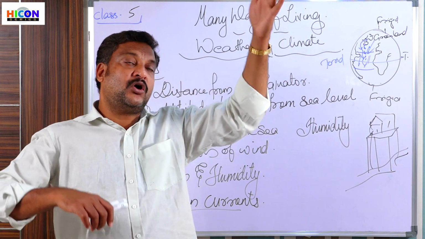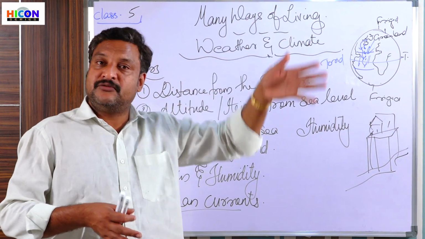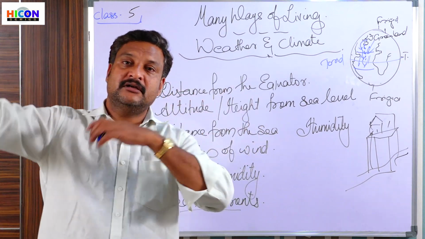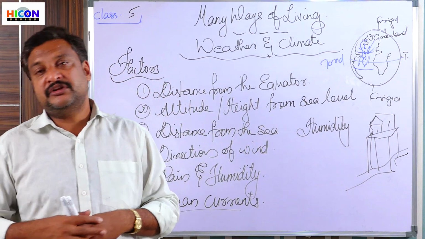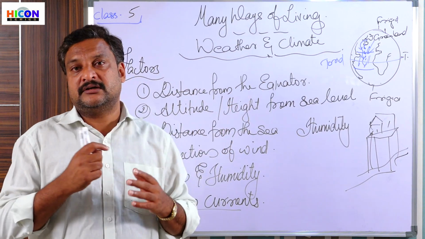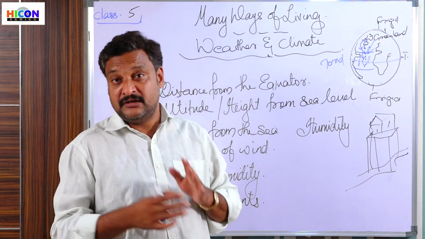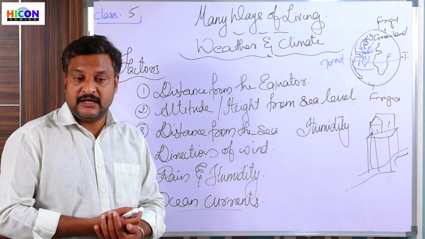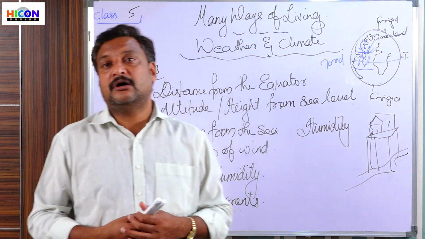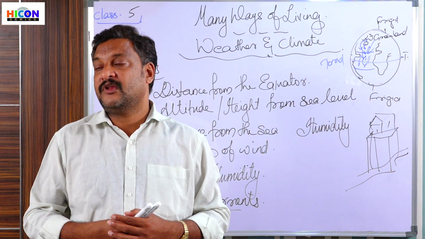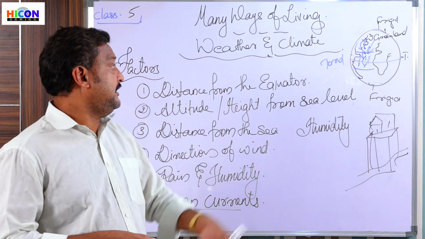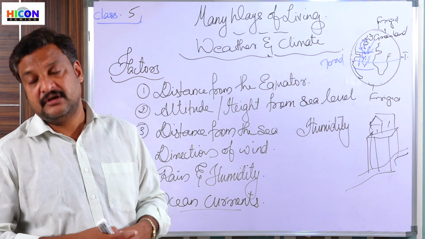So from cooler to hotter regions, there is a continuous flow of water, and from hotter to cooler regions there is a reverse flow. This flow of water within the ocean based on the difference in temperature is called ocean currents, and this also is a factor in deciding the climatic and weather conditions of a region.